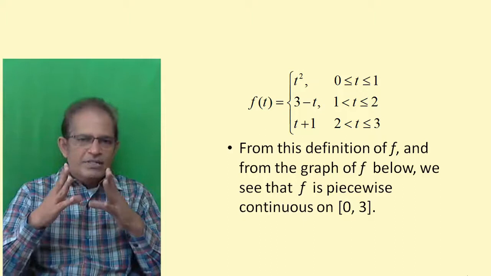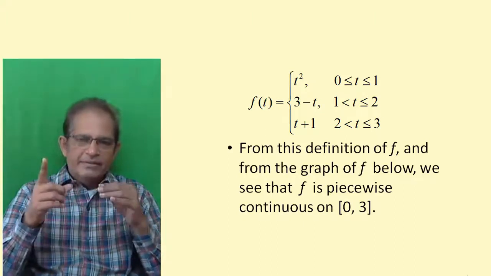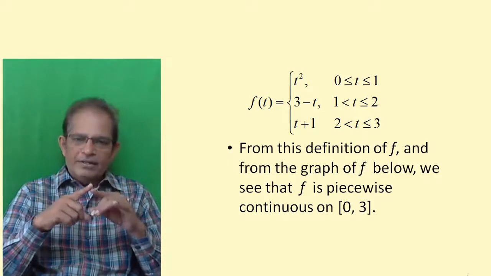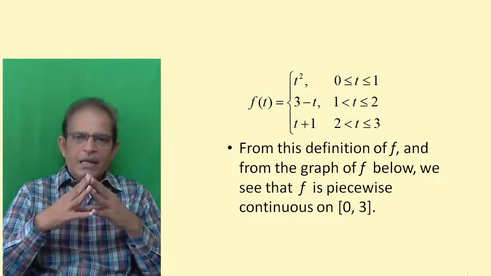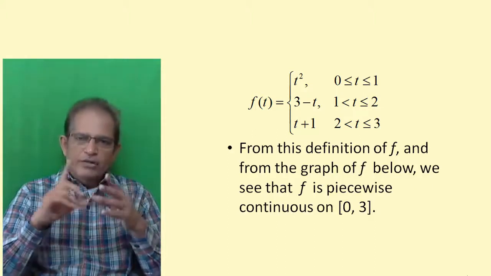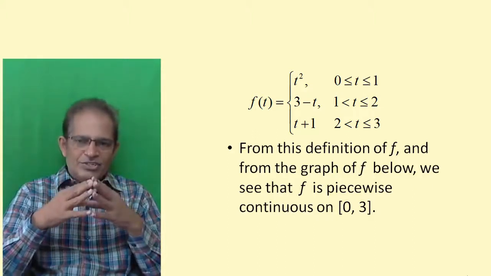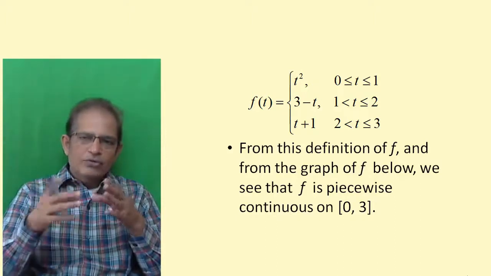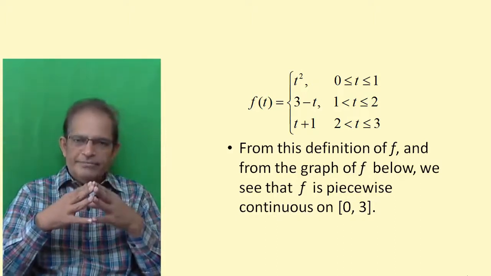So this is a piecewise continuous function where between 0 to 1, including 0 and 1, the function is t square. Between 1 and 2, 1 excluded, 2 included, it is 3 minus t. And it is t plus 1 when 3 included and 2 excluded.